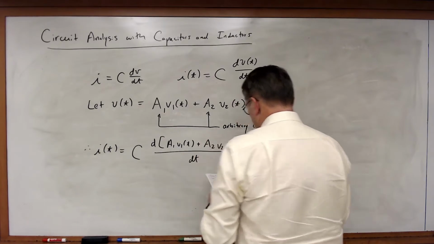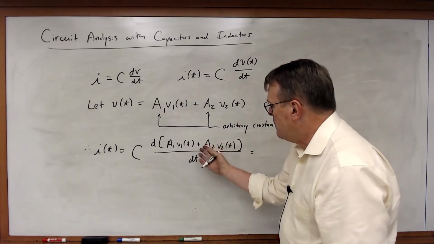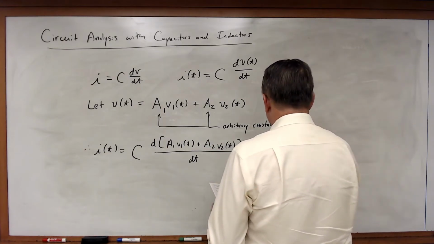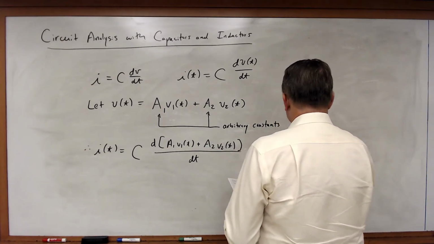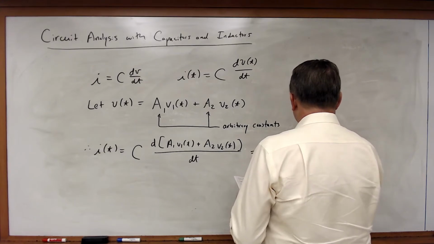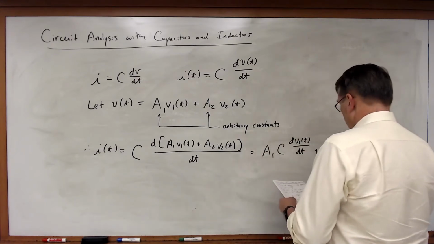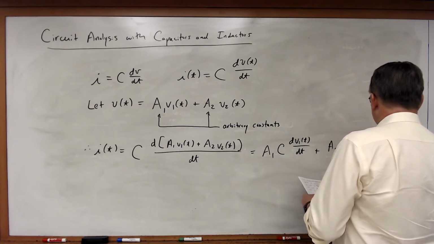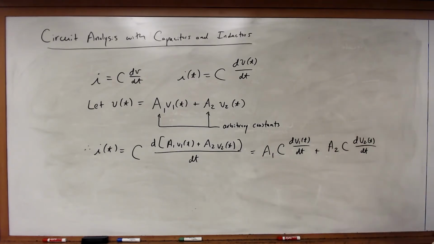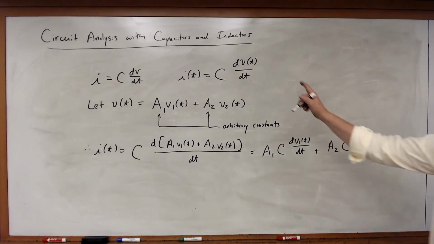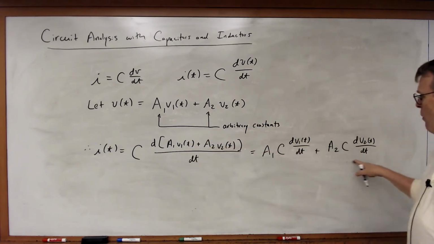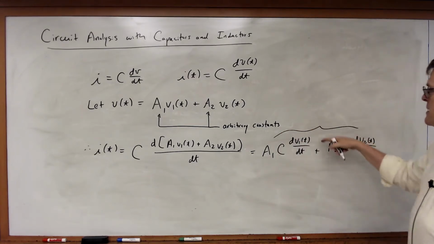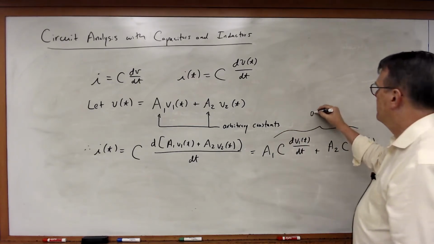A1 and A2 are constants, so they can be factored out of the derivative term. And so I can write this as A1 times C dv1/dt plus A2 times C dv2/dt. So the current can be expressed in this form, which, if you'll remember, is the definition of linearity.